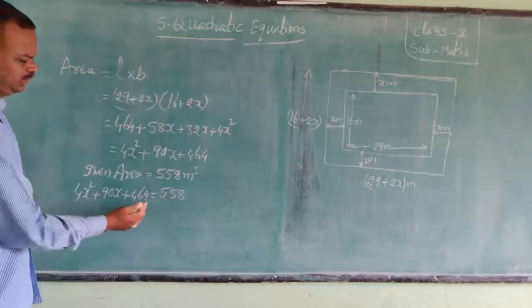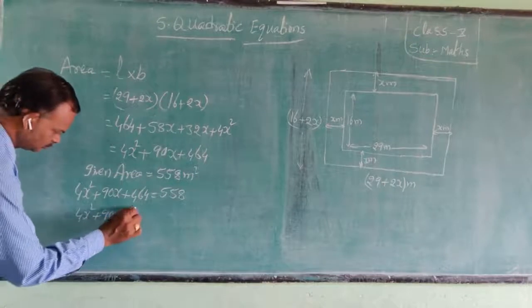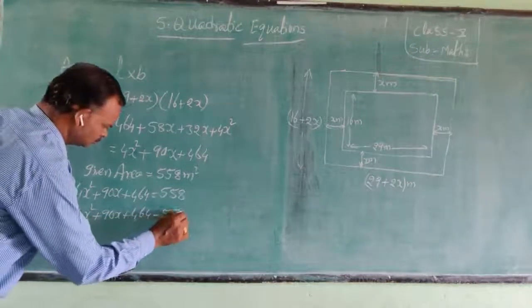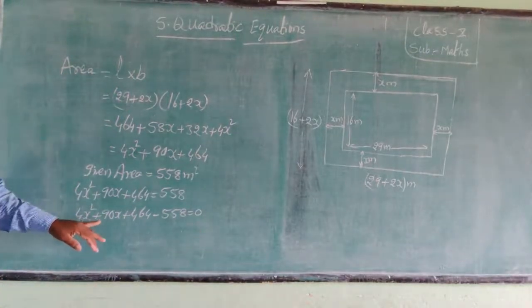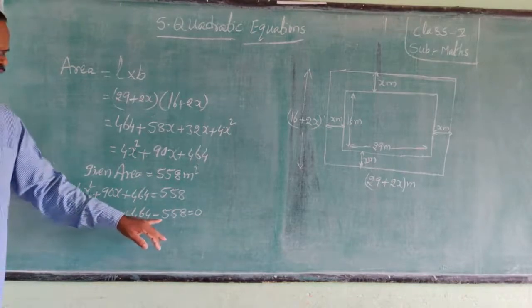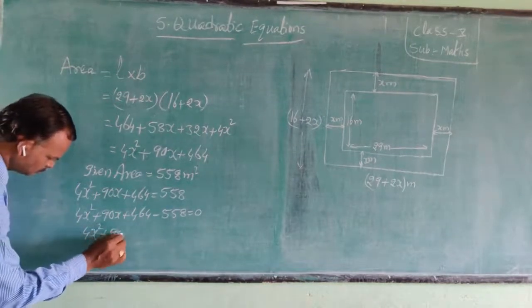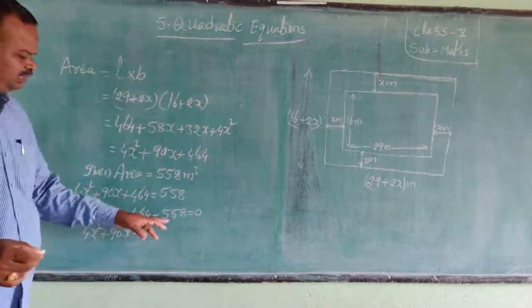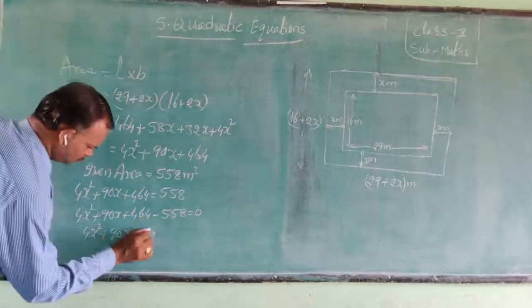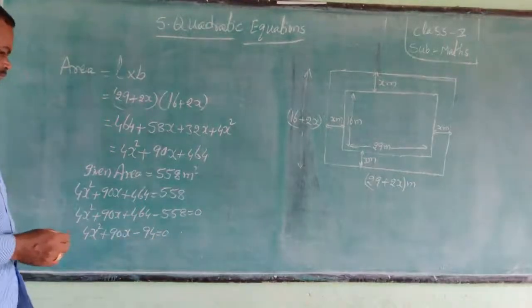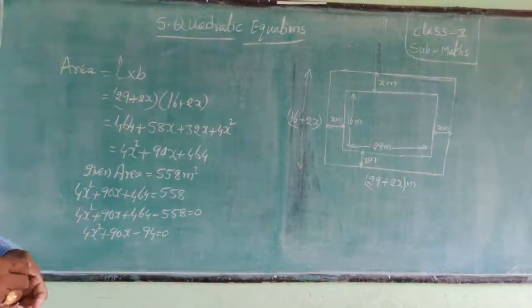Now we are transposing this value to the other side. 4x square plus 90x plus 464 minus 558 is equal to 0, which gives 4x square plus 90x minus 94 is equal to 0.